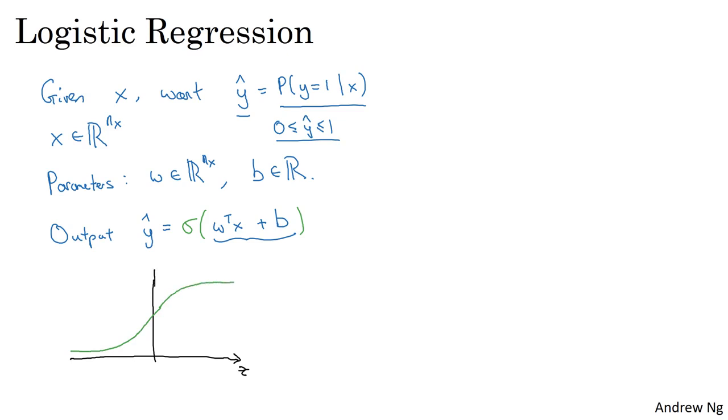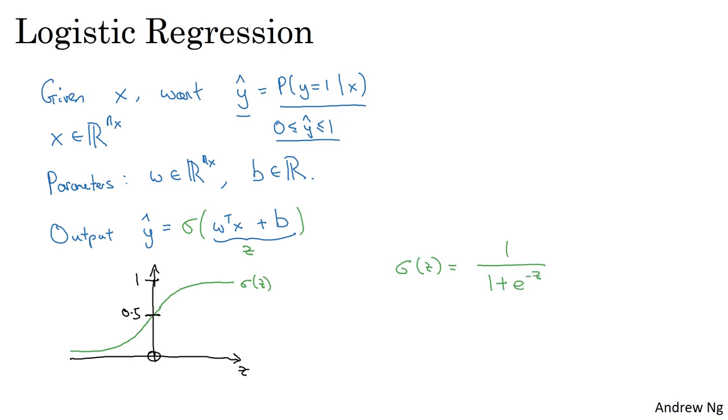Let me label my axes here. This is 0. And it crosses the vertical axis at 0.5. So this is what sigmoid of z looks like, and we're going to use z to denote this quantity w transpose x plus b. Here's the formula for the sigmoid function. Sigmoid of z, where z is a real number, is 1 over 1 plus e to the negative z.